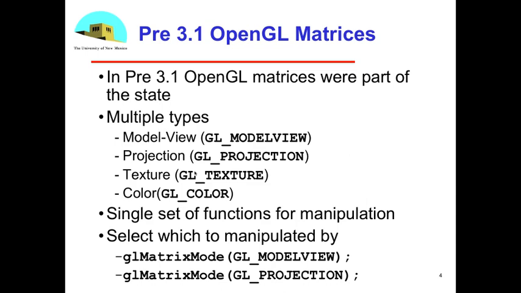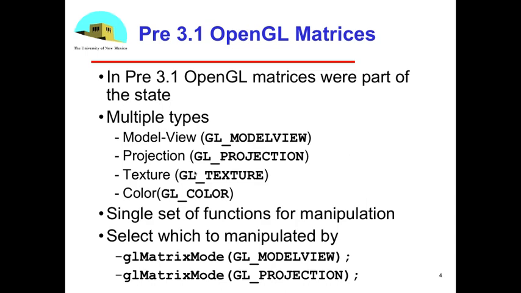So the older version of OpenGL said, okay, you also have a color matrix. So the idea was to have different kinds of matrices that would all exist at the present time. So you have this notion of state that's really important to us, that part of the present state was the present model view matrix, the present projection matrix, the present texture and color matrices.